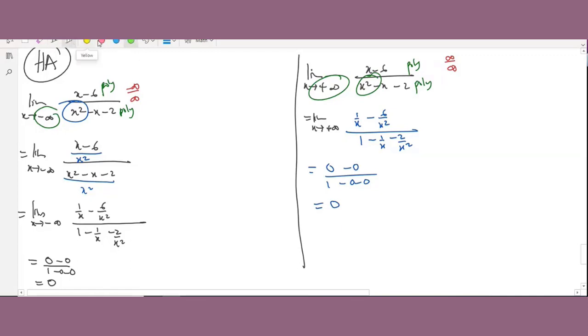And check the x value, y value. This one is negative infinity, 0.